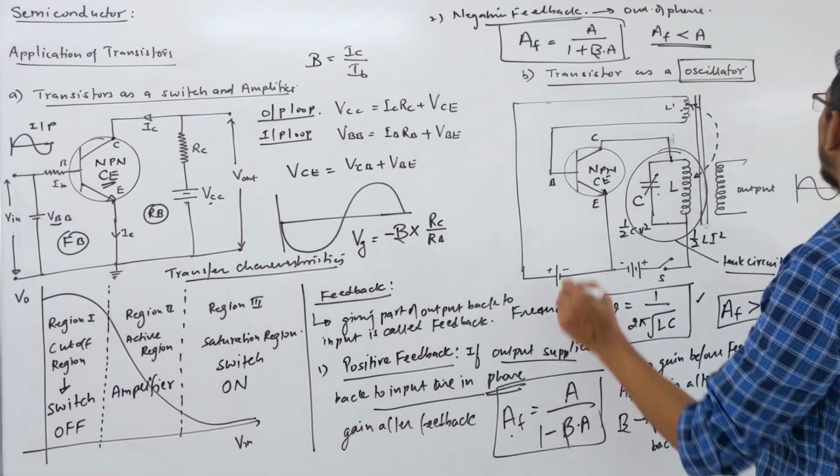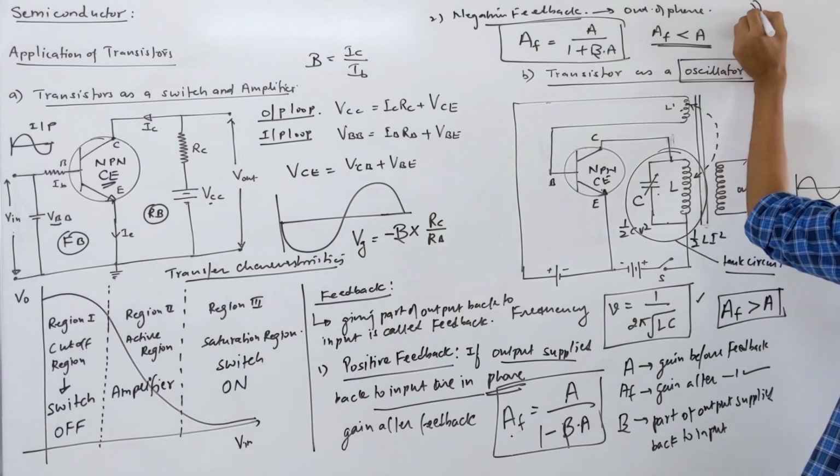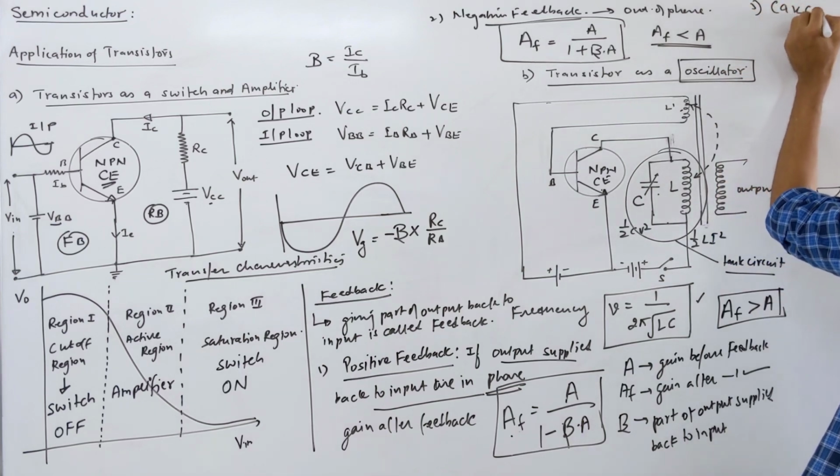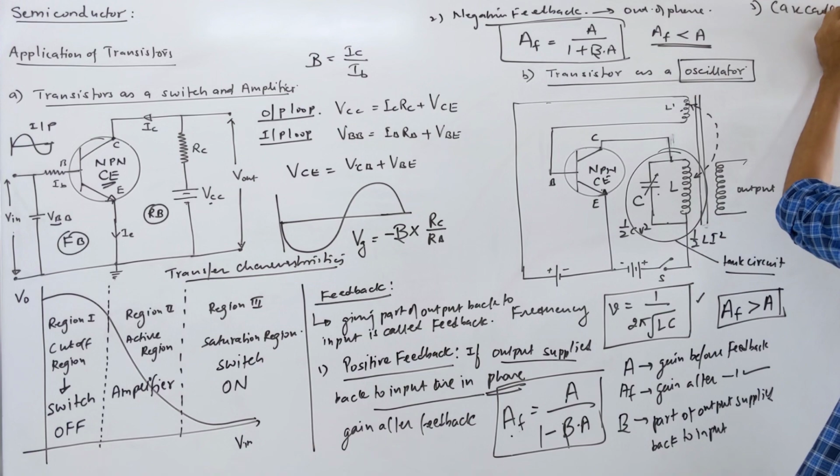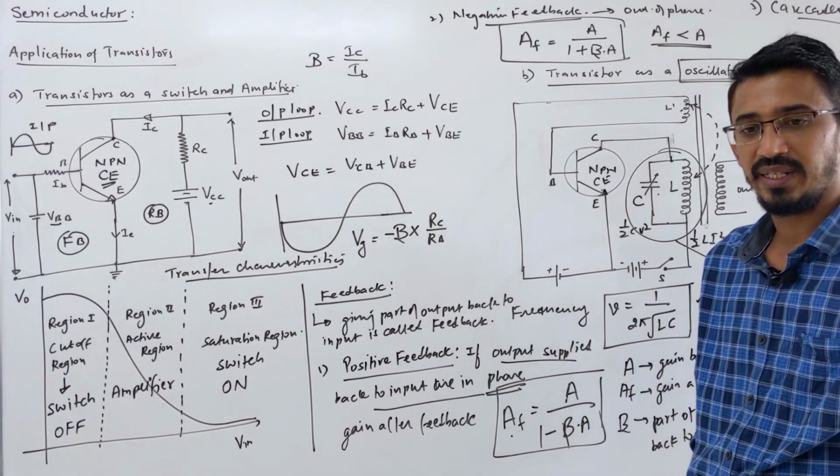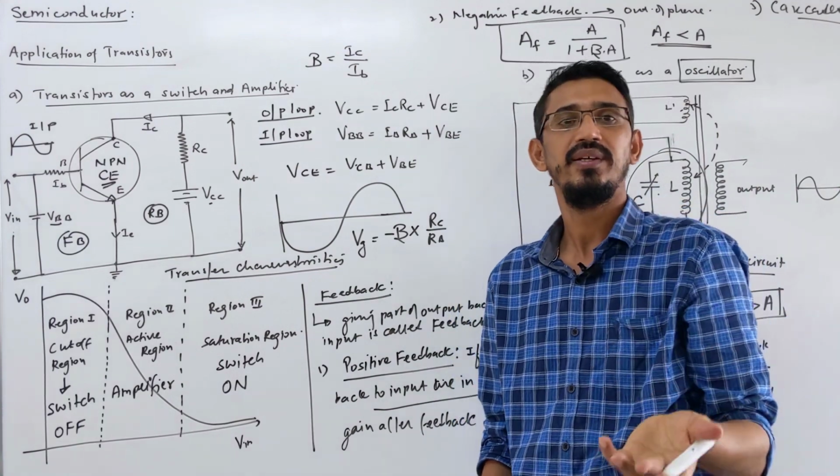Sometimes they can ask a question about something called a cascaded amplifier. What's the meaning of this? Two or three amplifiers are connected in one line. Then they ask for net gain.